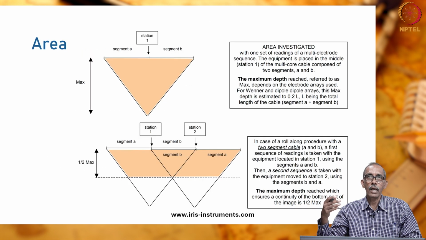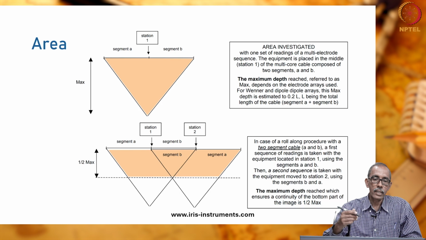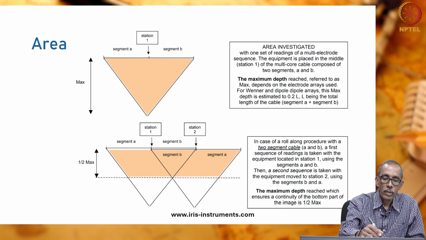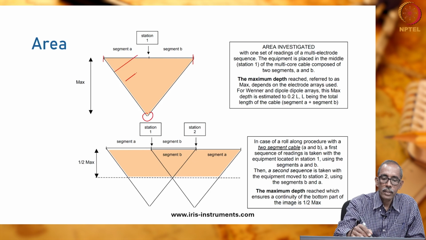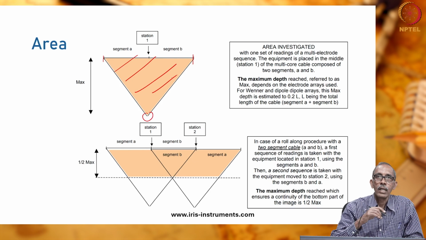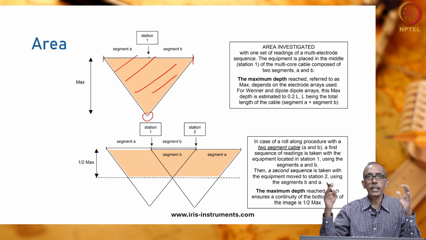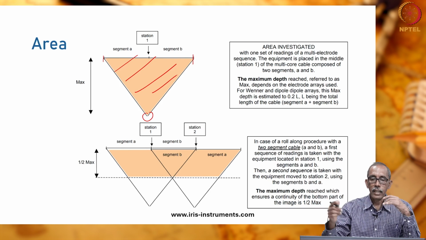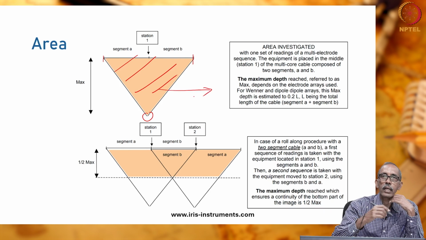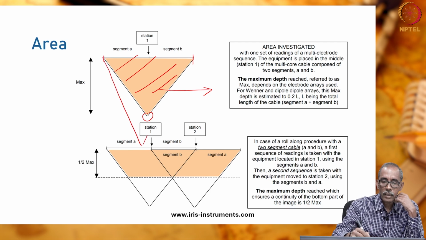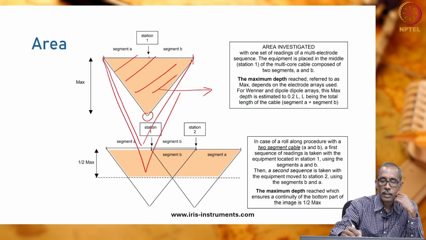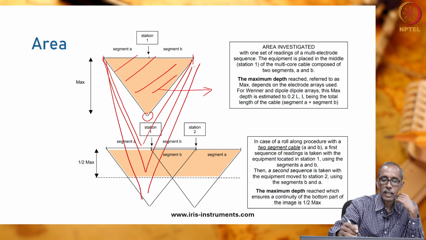Similarly, with regard to area of investigation, these slides we have already seen. When you have the electrode spread something like this, our area of investigation is actually this triangle. If you want to increase the area of the triangle laterally, then it is profiling. If you want to increase the area of the triangle by increasing the depth of penetration of current, then that method is known as vertical electrical sounding.